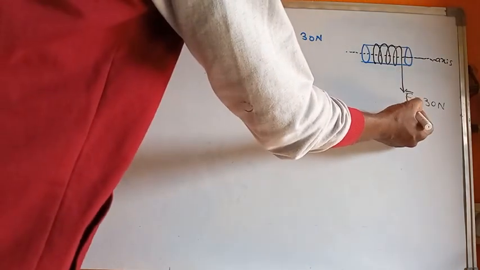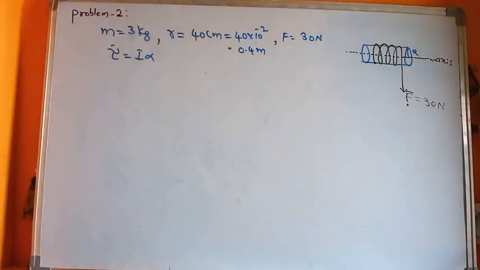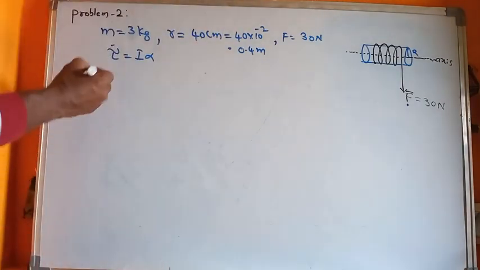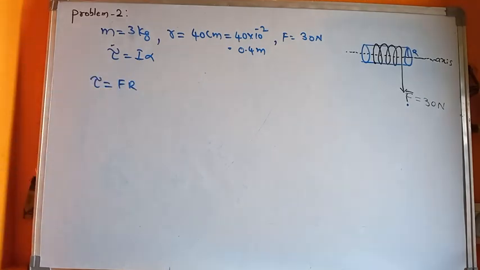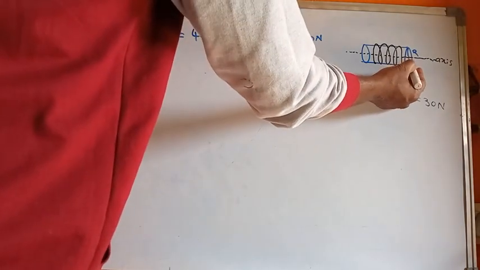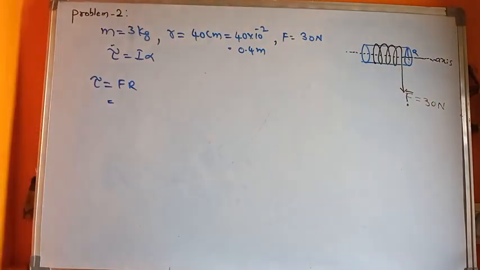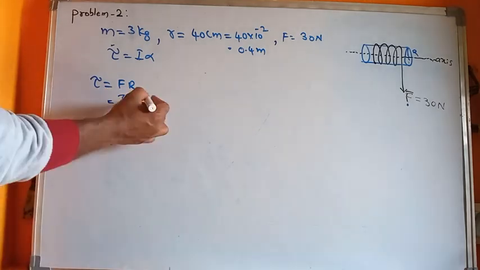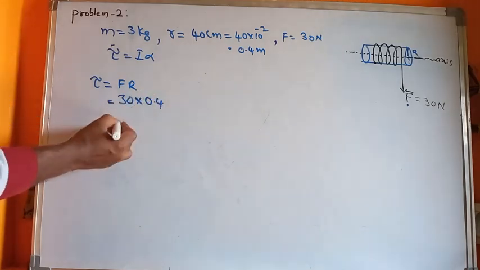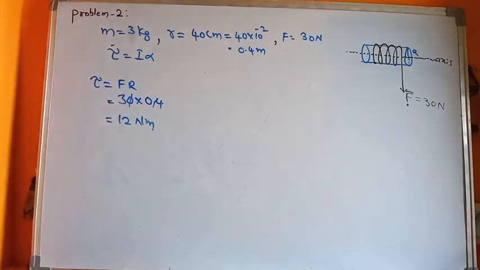Here we apply the force F, and the radius of the cylinder is R. So tau is equal to F into R. The force is 30 newtons and the radius is 0.4, so this is equal to 12 newton meter.